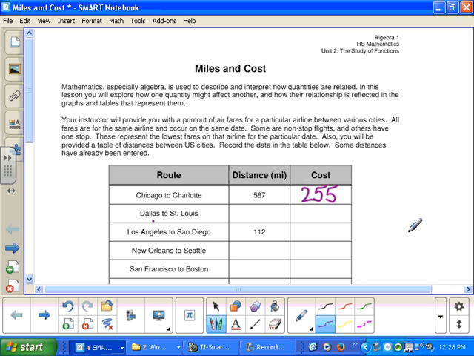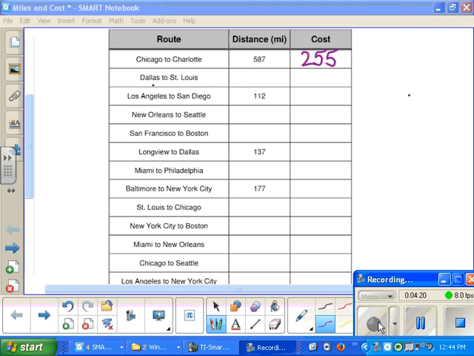And then from Dallas to St. Louis, you need the cost and the mileage for both. So I'm going to give you some time. I want you to work together.